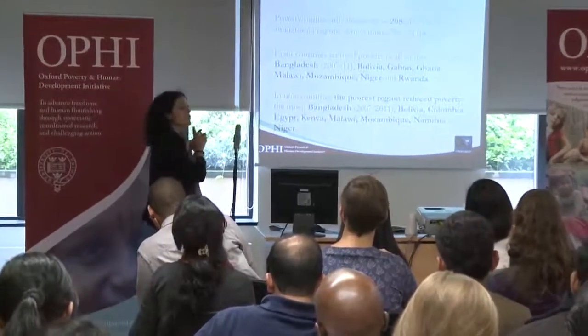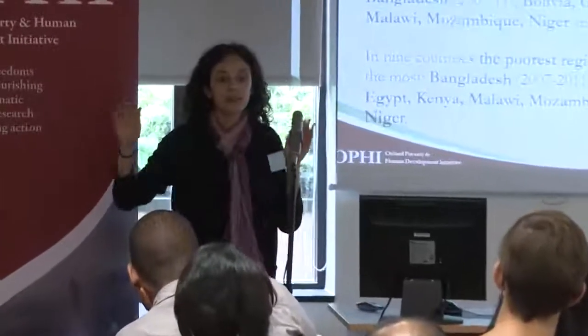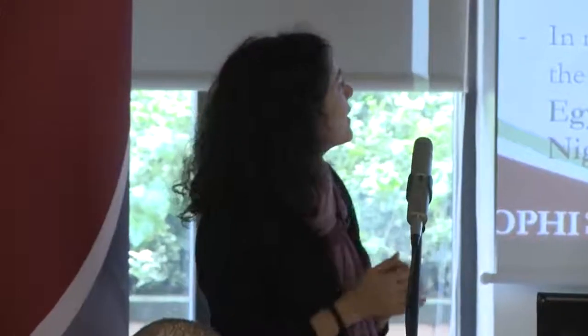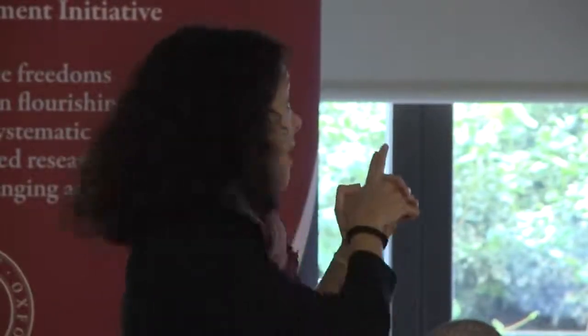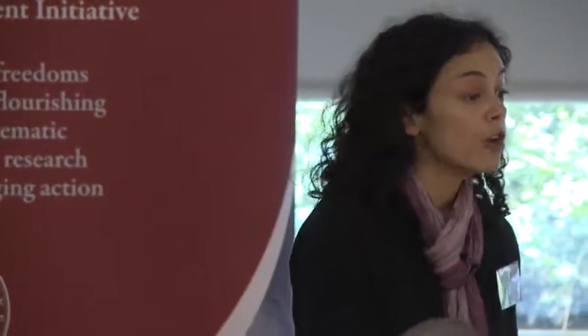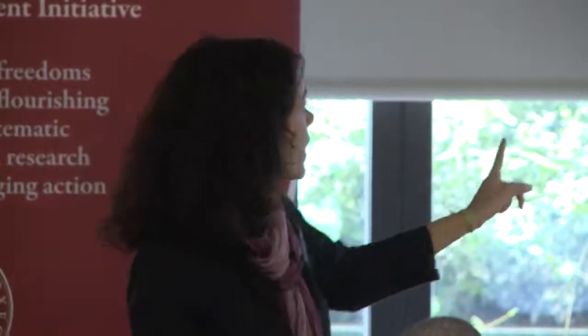Eight countries reduced poverty in all of their subnational regions: Bangladesh, Bolivia, Gabon, Ghana, Malawi, Mozambique, Niger, and Rwanda. So all regions had significant reductions. In other countries, some regions might have reduced a lot, and others might even have increased. We're going to see a little bit about that next.